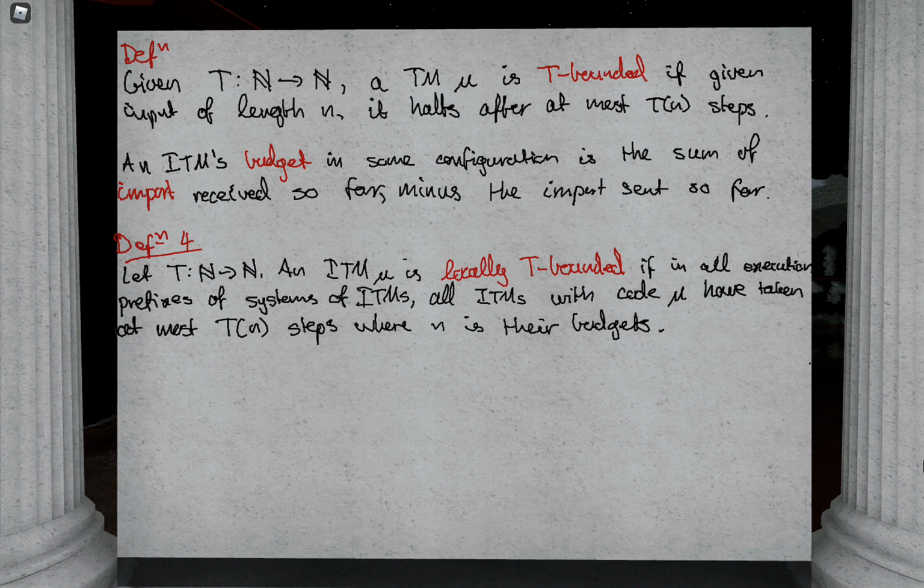So locally t-bounded means that it has not taken more steps than allowed by the amount of import it's received minus the amount it's sent.